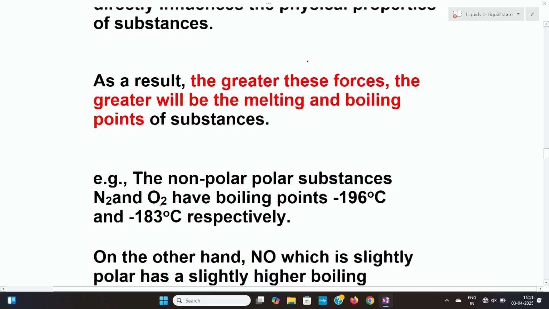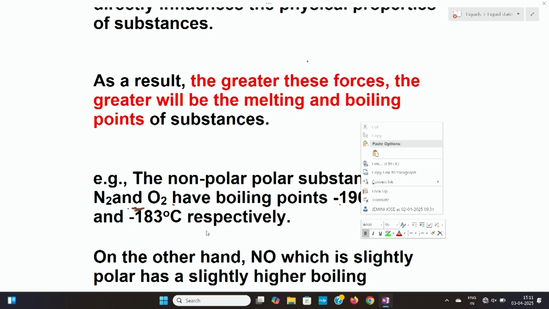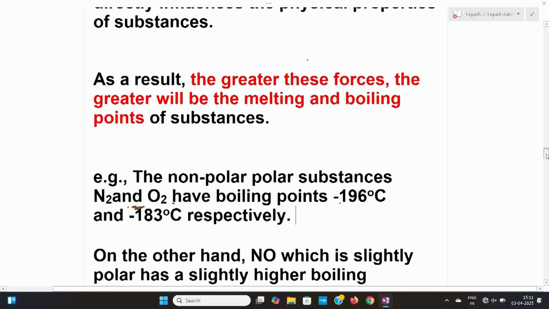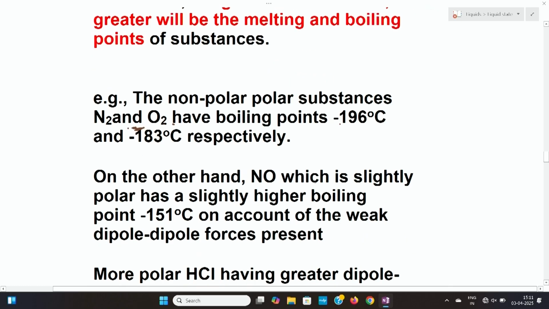Here we have an example of nitrogen and oxygen. They have boiling points of minus 196 degrees Celsius and minus 183 degrees Celsius respectively. Nitrogen is non-polar, because the electrons are shared between the two nitrogen atoms.